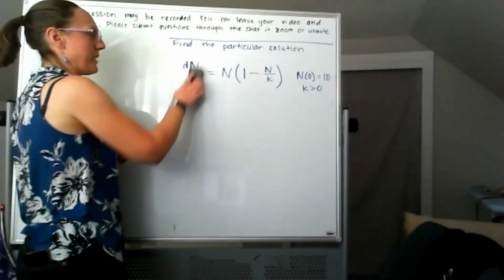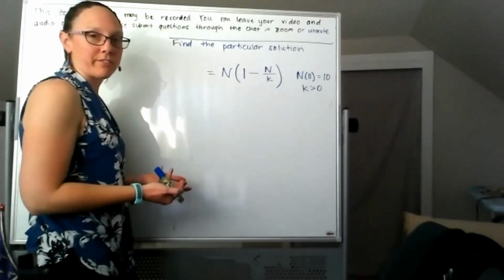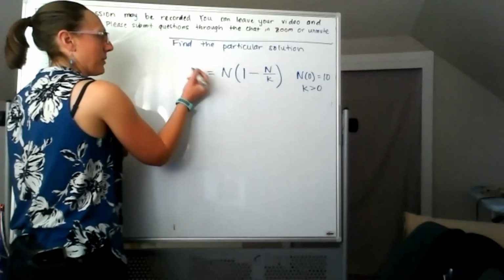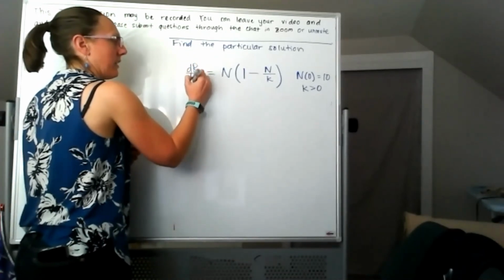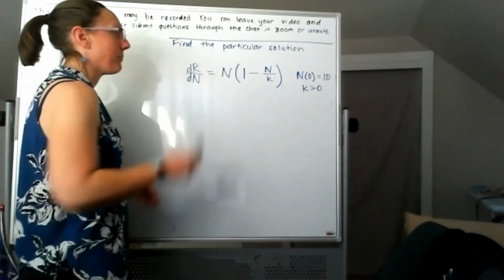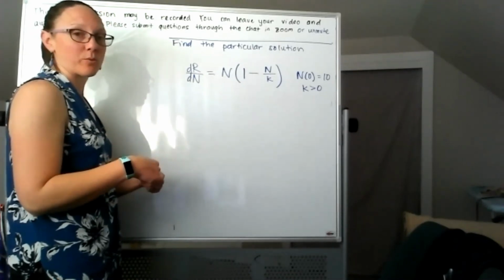I messed up the notation over here. I actually meant for this to be a function of n. So I'm going to rewrite this and make this dr dn. Sorry about that.